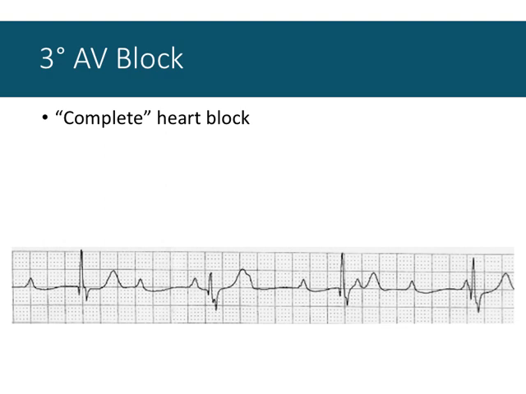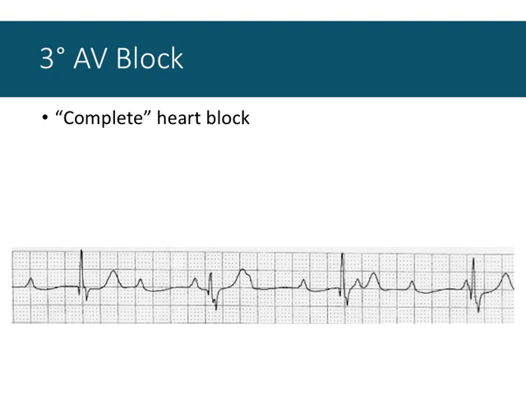Instead, what I'm showing you here is the treated version of second degree AV block. Third degree AV block is theoretical. It doesn't actually happen because if it does, you die shortly thereafter.